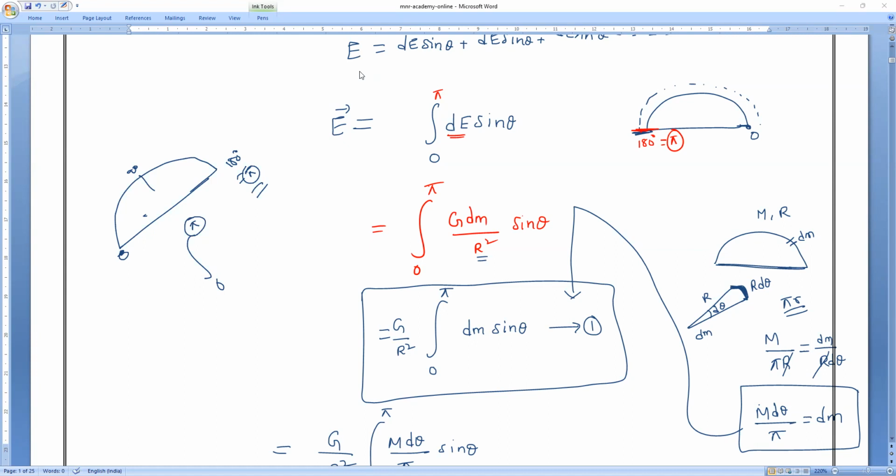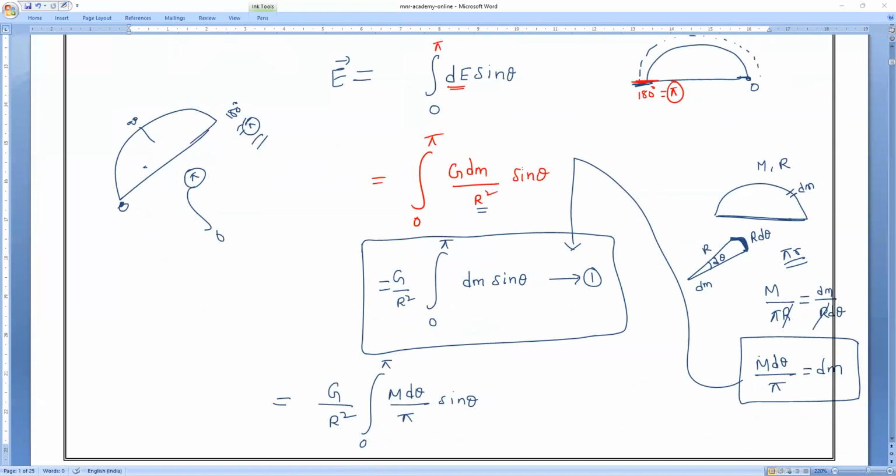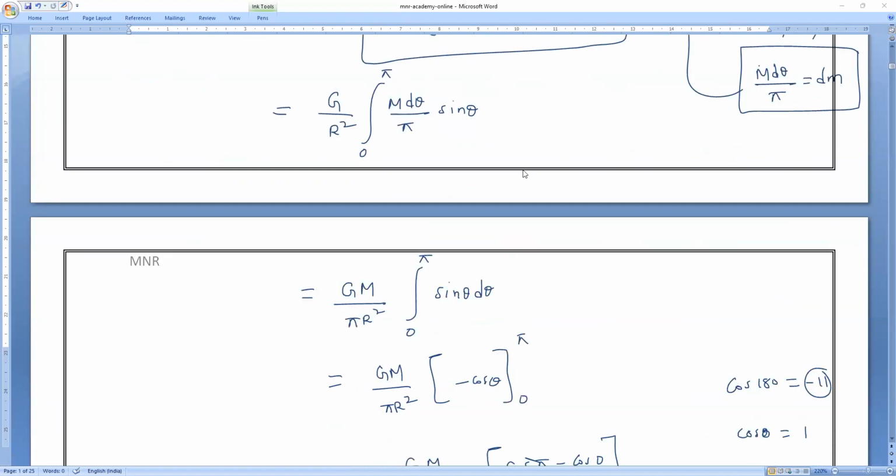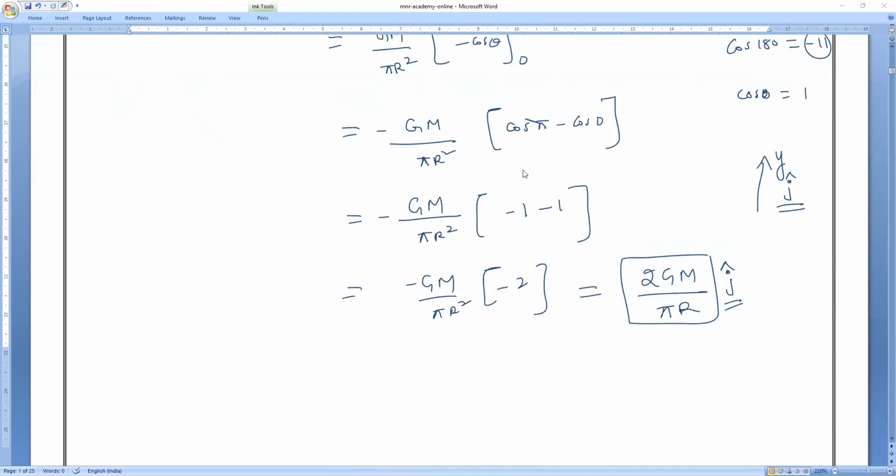So now for the same question, we want to calculate the force. How much force is experienced by it? That is our question. So we all know that E is the field experienced by the particle. If I take this semicircular ring, about this point mass m, what is the force exerted by this gravitational field?